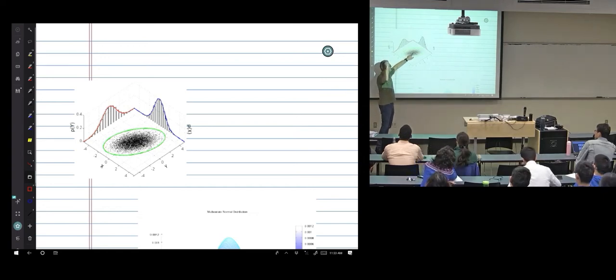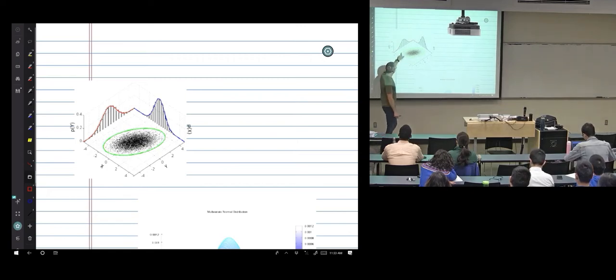Where the probability is high, I'm gonna get lots of dots, dark. And where the probability is low, I just get a few values because I'm out in the tails. I don't get those very often, okay? So this is showing, here's the mean, where I've got the most data samples showing up.